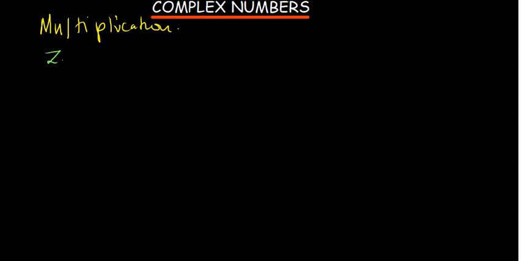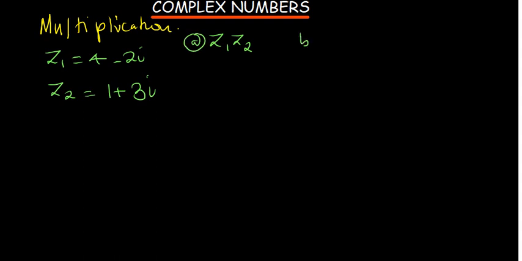So let's say z1 is 4 minus 2i, and z2 is, let's say, 1 plus 3i, and you want to perform z1 multiplied by z2. That is the first one.